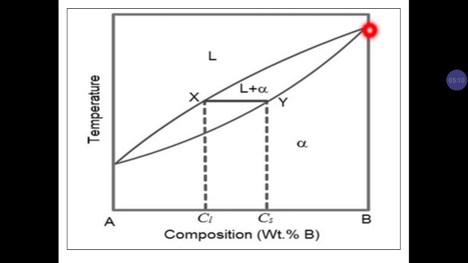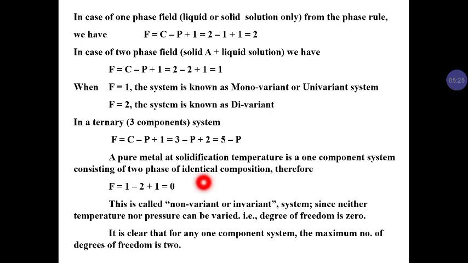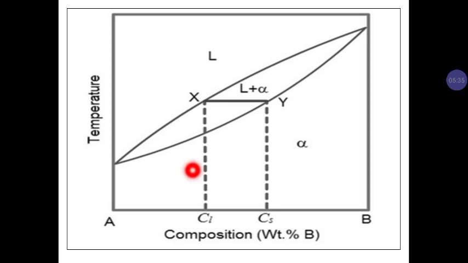At this point it is only one component: 100% B at this point, or 100% A at this point. So the component is one. If it is a one component system, then the phase is 2, because liquid and solid coexist at that point. The degrees of freedom is 0, because we cannot alter either the composition or the temperature. If we alter the composition, then the component is not 1, the component becomes 2.